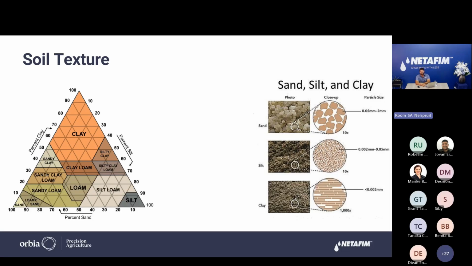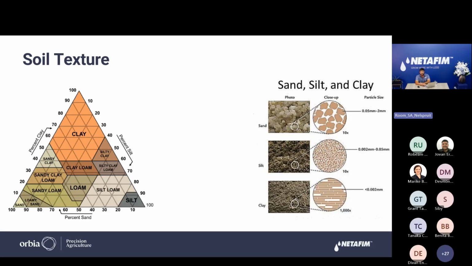If you have a look at the size distribution of sand, silt, and clay, I hope it's big enough there, but there's a big difference. Obviously, your sand particles are larger, and they can be anything between 0.05 millimeters to 2 millimeters.